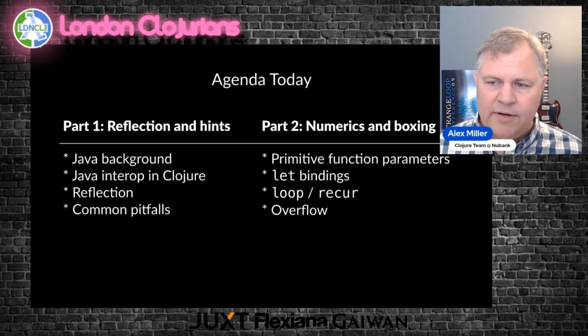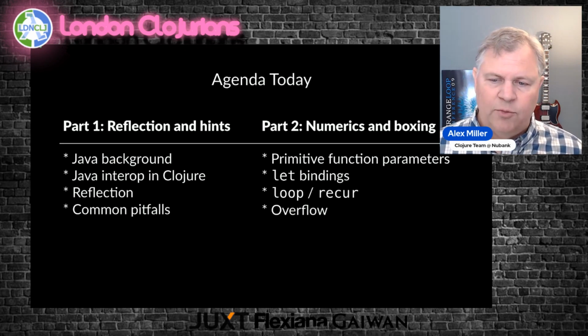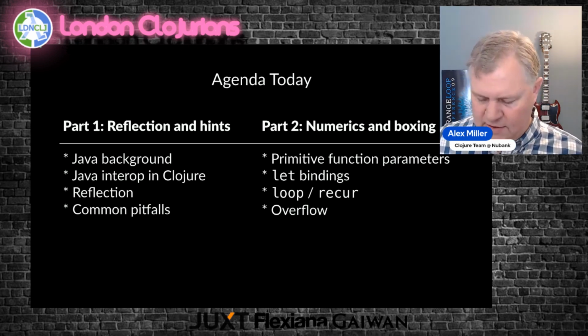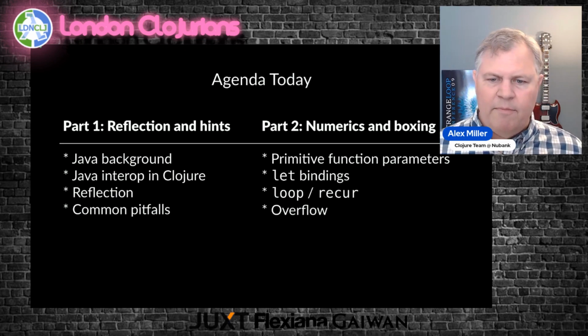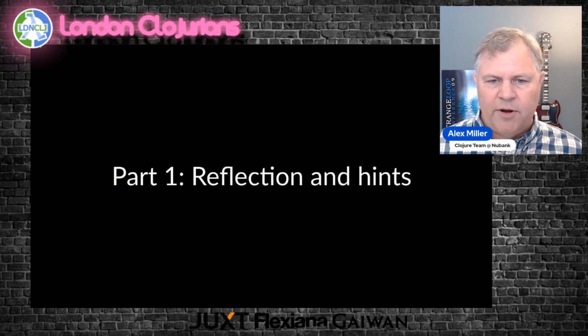So we'll talk about how to get primitive function parameters, how to use let bindings to leverage primitives, and loop recur, same thing. And then a little bit about the overflow options and some of those things in math stuff, basically. I do have some examples throughout. We can ask about those at different parts.